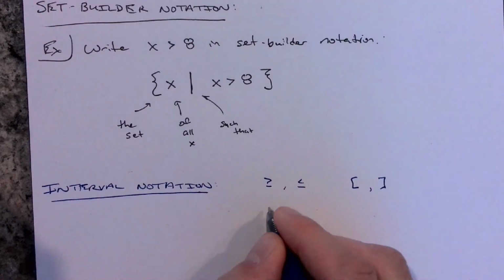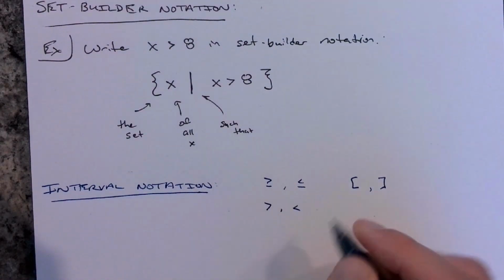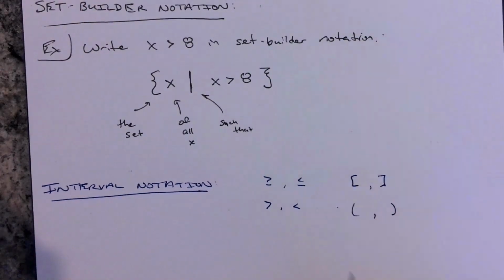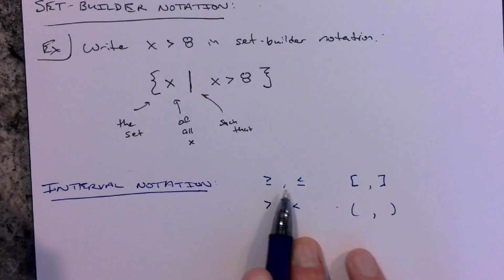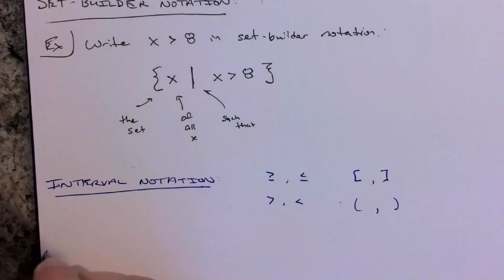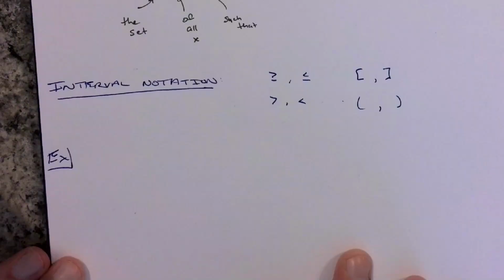For a greater than or a less than, you use parentheses. So this is just me speaking generally about it. It's not necessarily going to be parentheses on both sides or brackets on both sides. It's just saying that when you have an equal to, you use a bracket with that part. If you don't have an equal to with it, you want to use a parenthesis.